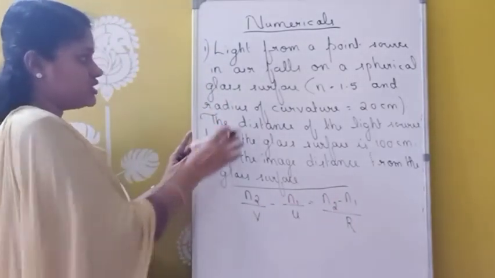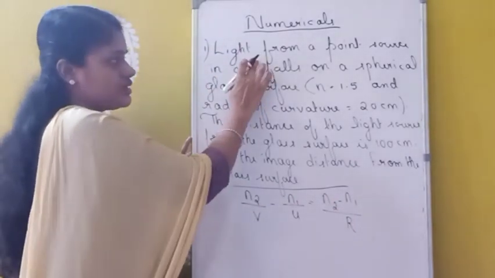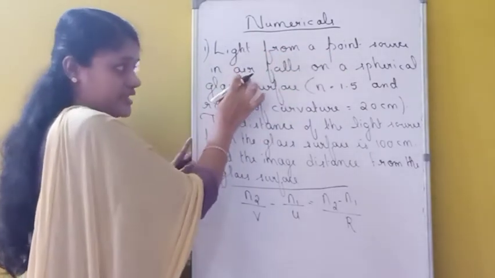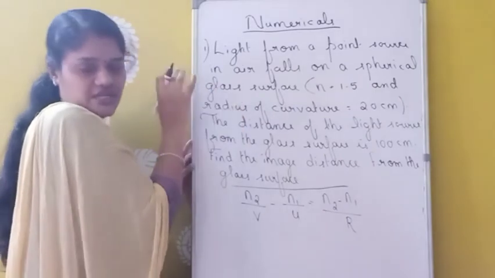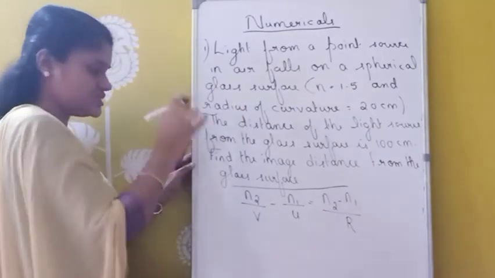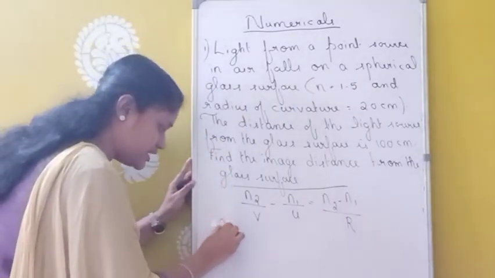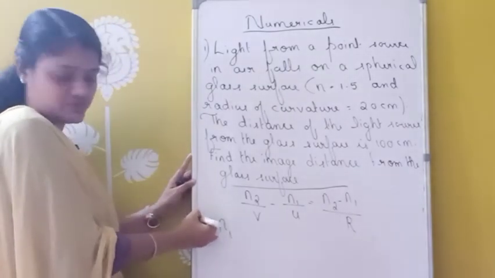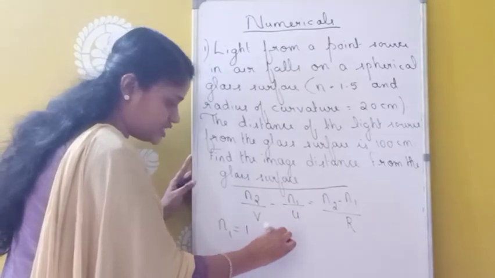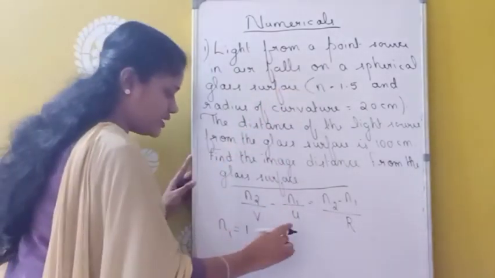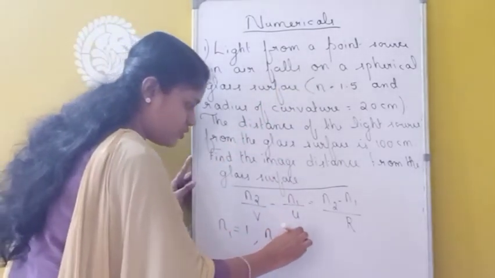So for that, what are the details given here? Light falls from a point source in air to glass surface. So what is the first media here? Air only. In the case of air, the refractive index is 1. So N1, the refractive index of first media, is taken as 1. And what is the refractive index of second media? N2 equals 1.5.